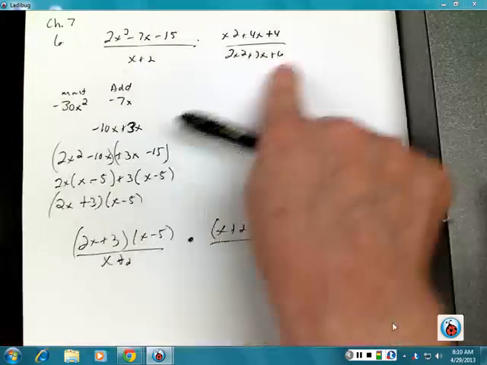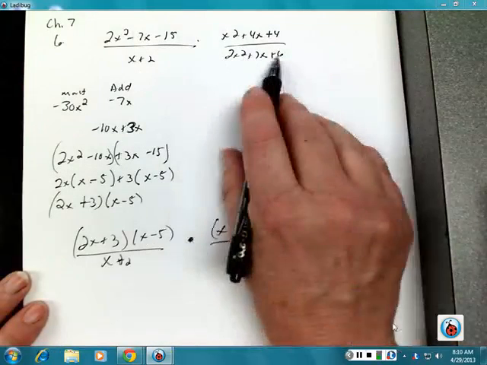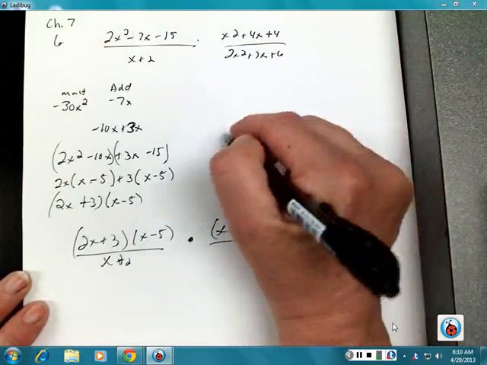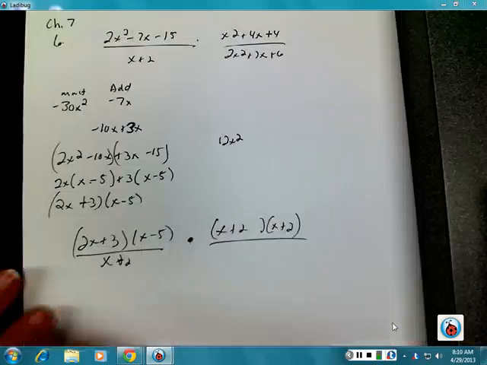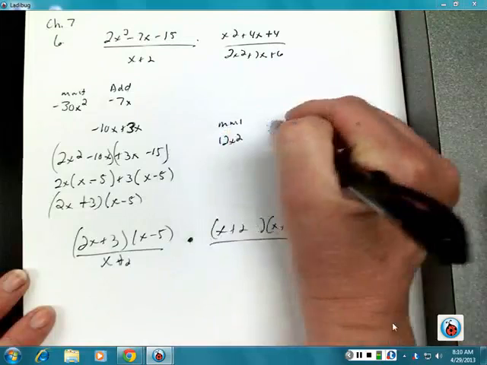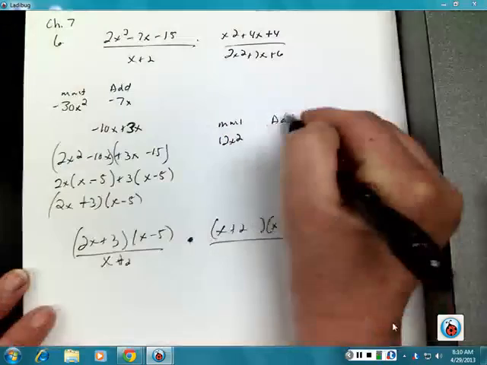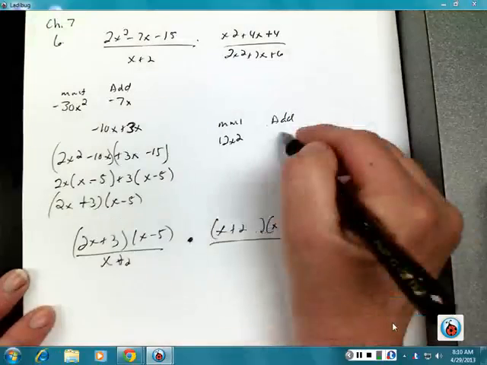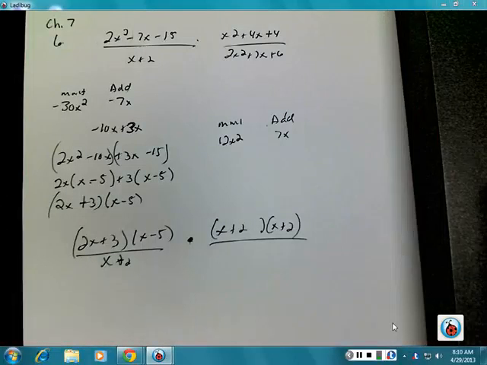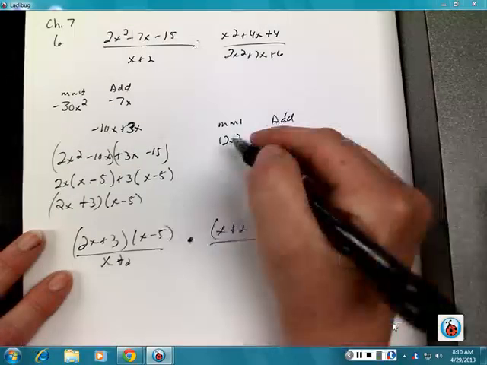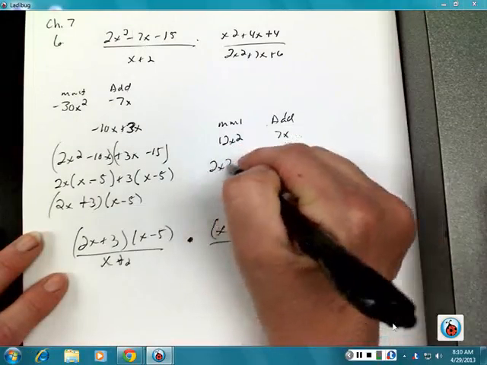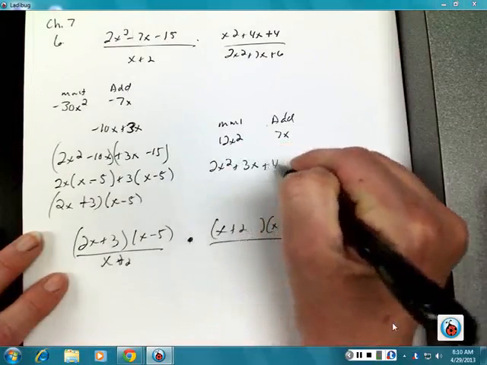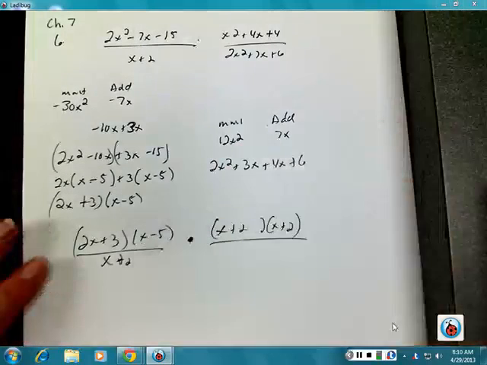Then I got another one of them long things on the bottom. So 2x squared times 6 is 12x squared. So things that multiply, but at the same time add to give me a 7x in the middle. So what would I end up with? Well, it looks like 3 and 4, 3x and 4x. Replace my middle, so 2x squared plus 3x plus 4x plus 6.